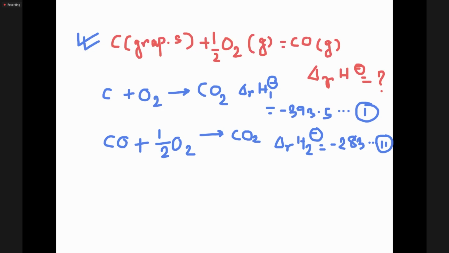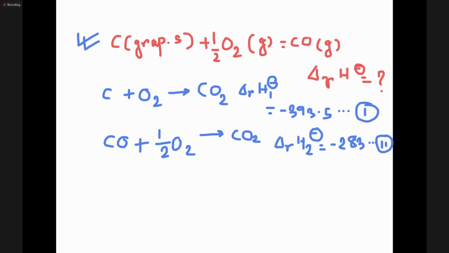But since this value cannot be calculated directly, we have got two equations. Equation 1 is C plus O2 to CO2, ΔrH1° is minus 393.5 kilojoule. We have another equation where CO is burnt in dioxygen to produce CO2. The ΔrH2° value is minus 283 kilojoule per mole.